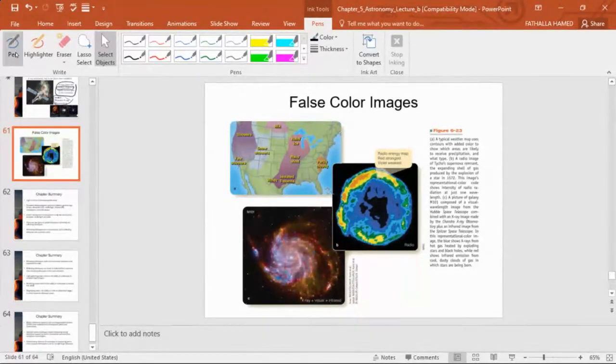We use what I call here on the top false color images. We add this color in, and this has to do with the energy. So when you see a nice image of the Milky Way galaxy, it is not a direct image, but that's how the Milky Way galaxy looks, because we can look at other nearby galaxies and scan through our own galaxy, and we collect the different energies, and then we come up with this.